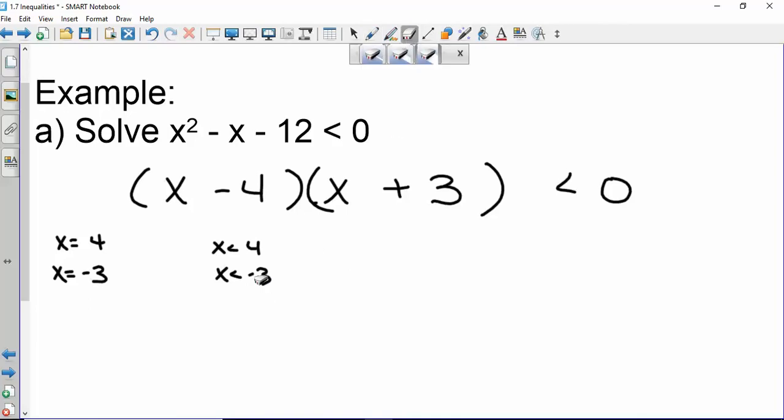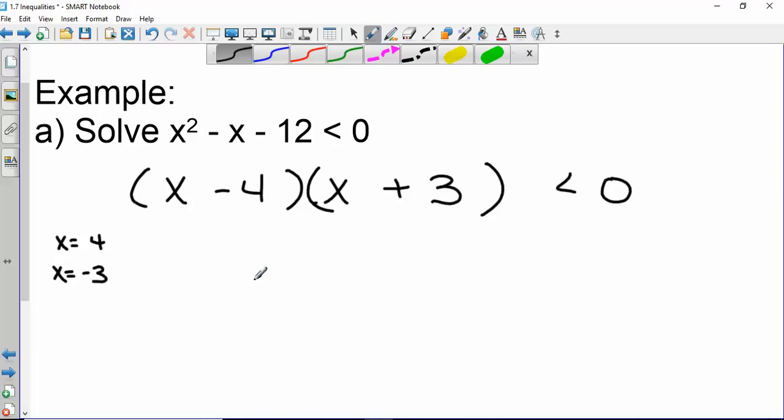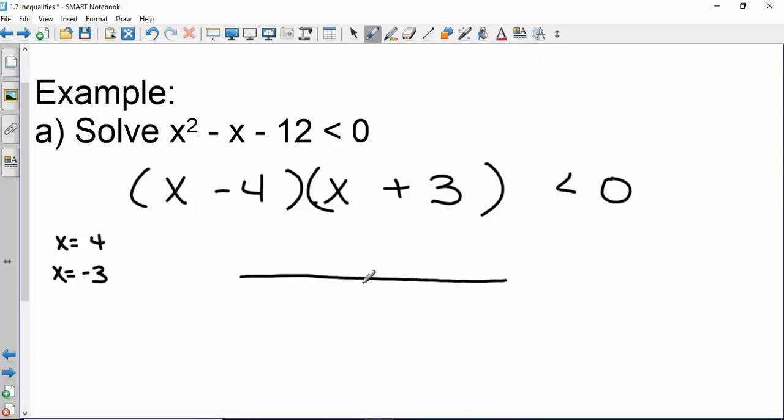For the quadratics, I think our easiest option is to look at a graph. Now I'm going to have you draw just a really rough sketch for me. And I'm going to have you put the two numbers that make it equal 0 on your sketch, going small to large, so I'd put the -3 on the left and the 4 on the right.